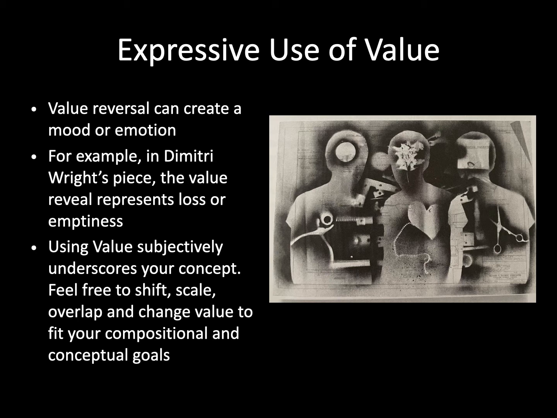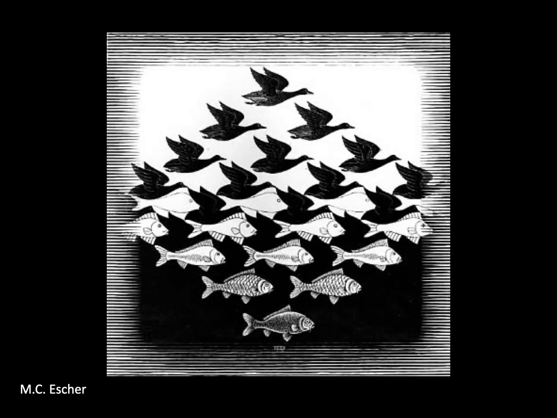An artist who really loved to play with value reversal is MC Escher. You see this a lot in his drawings. This is sort of his famous example of the positive and negative space reversal, where at the top, the dark value is the positive shape, and as you move down, those negative shapes slowly become the positive shapes, and the lighter values actually become the object.